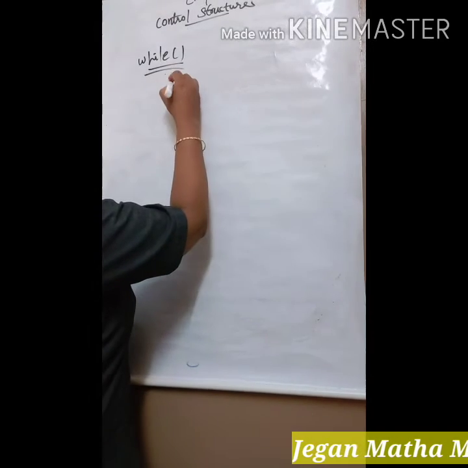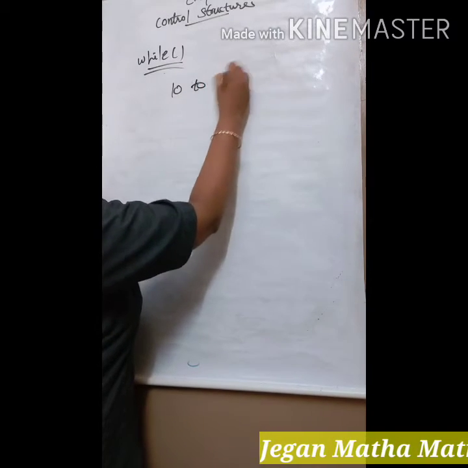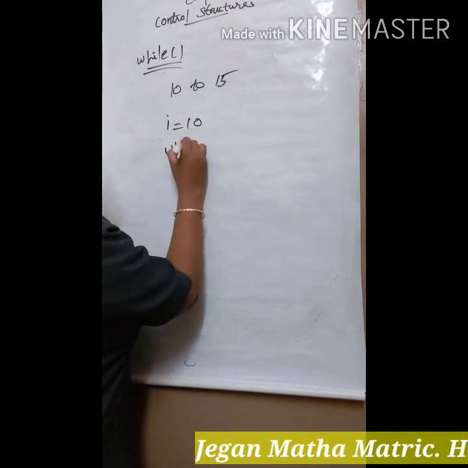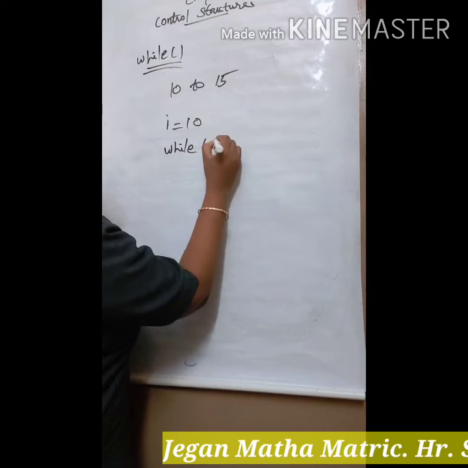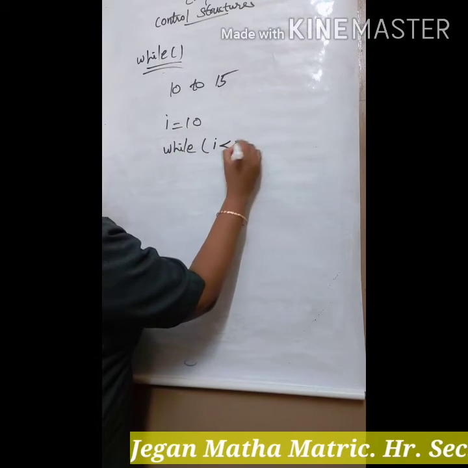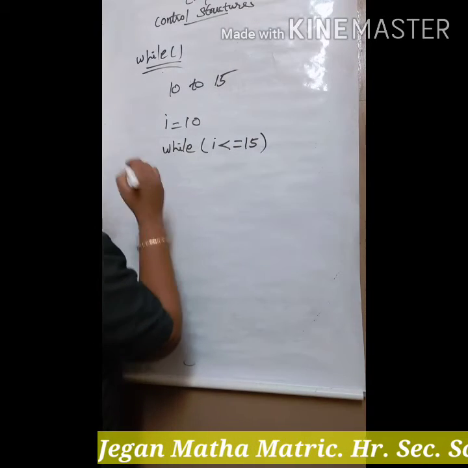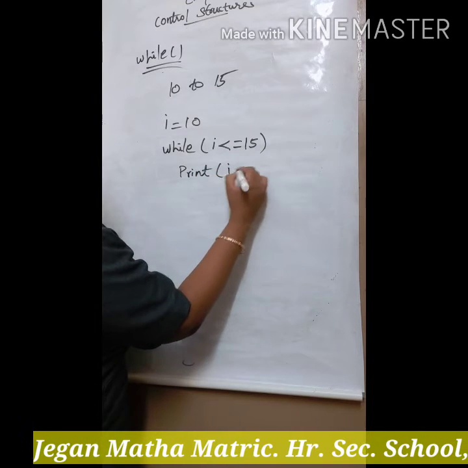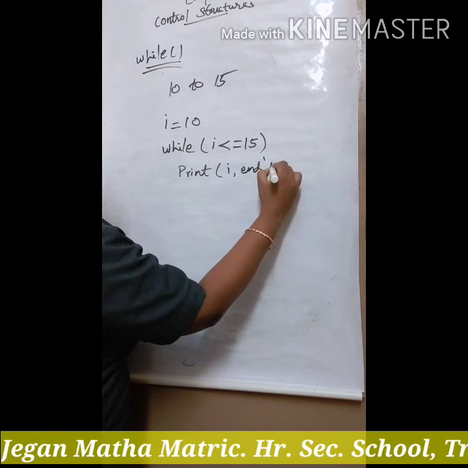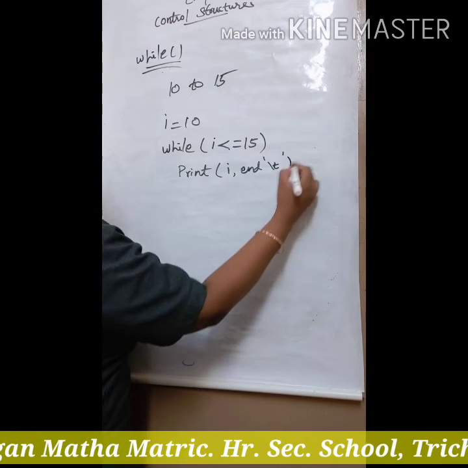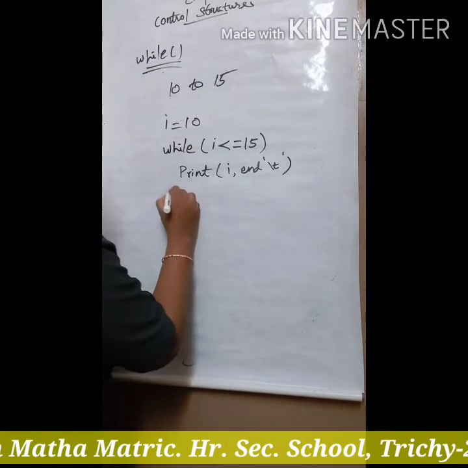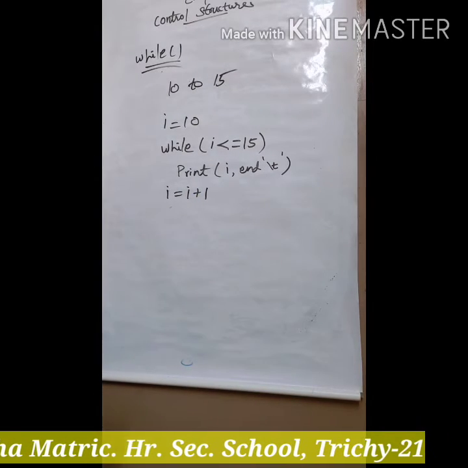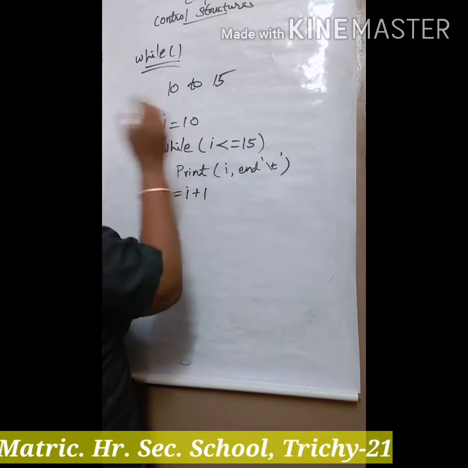Let us see a simple example for the while loop. Just I am going to print the numbers 10 to 15. So first, starting with I value 10, check while I is less than or equal to 15, then print I. So here first I check the condition with I equal to 10.